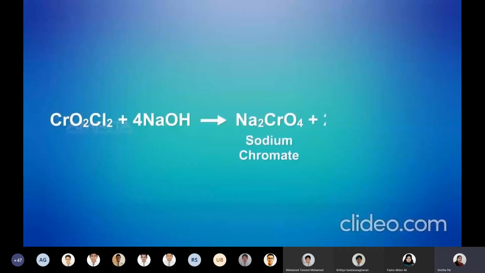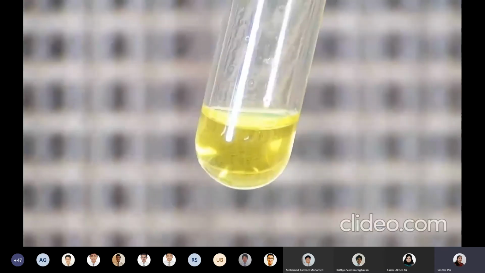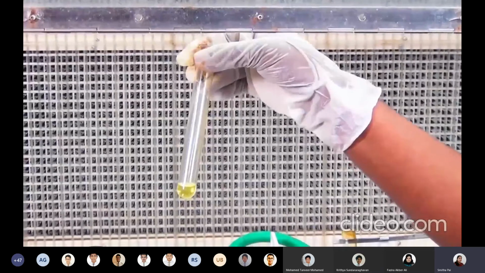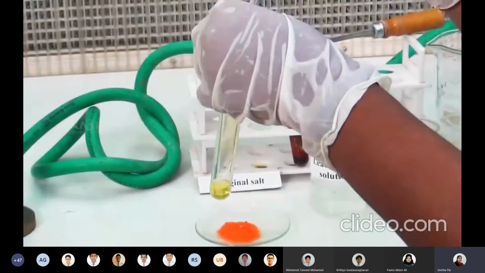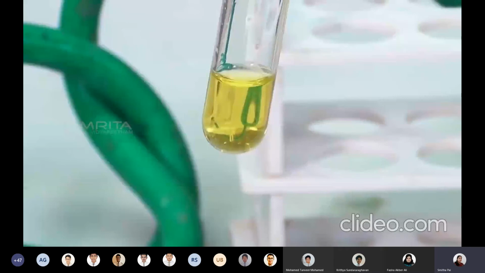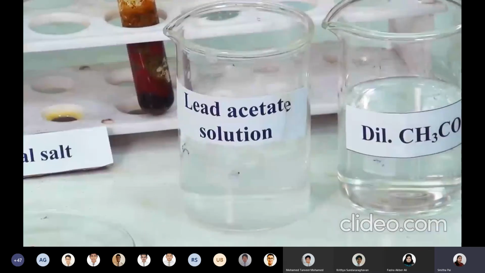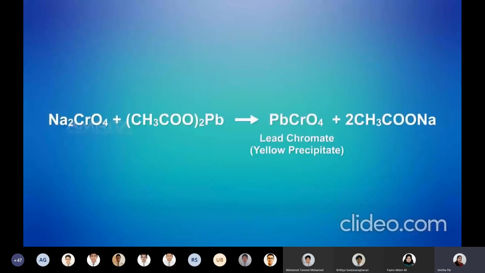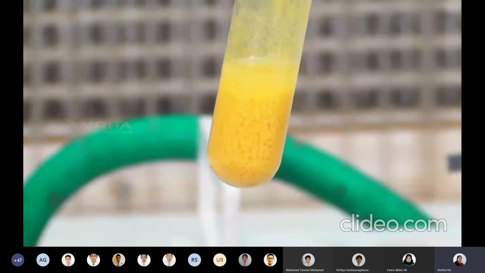Chromyl chloride reacts with sodium hydroxide to form a yellow solution of sodium chromate. To the yellow solution of sodium chromate, add a small volume of dilute acetic acid using a dropper. Then add a few drops of lead acetate solution using another dropper. Sodium chromate reacts with lead acetate in the presence of dilute acetic acid to form a yellow precipitate of lead chromate.